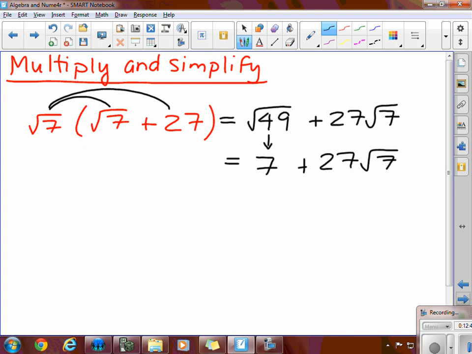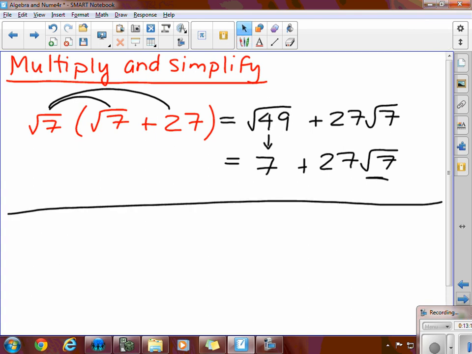So now can I go ahead and add the 7 and the 27 because they're both numbers? Why not? Yeah, they're not like terms. This has a root 7, this guy doesn't. So if we go back to our toy analogy, I have 27 root 7 toys, and I just have 7 ones. Are they the same toy? No, I can't put it together. That's it. That's simplified. So try this one now by yourself.